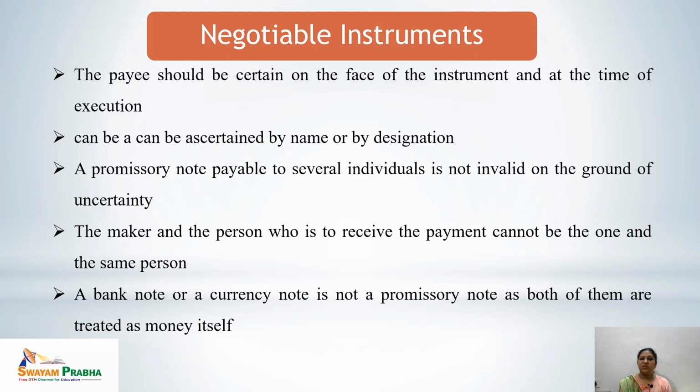That means the person who is making the promise and the person to whom the promise is being made to pay a certain sum of amount cannot be the same. They should be two different persons. But a bank note or a currency note is not a promissory note, because in these cases both of them are treated as money itself.